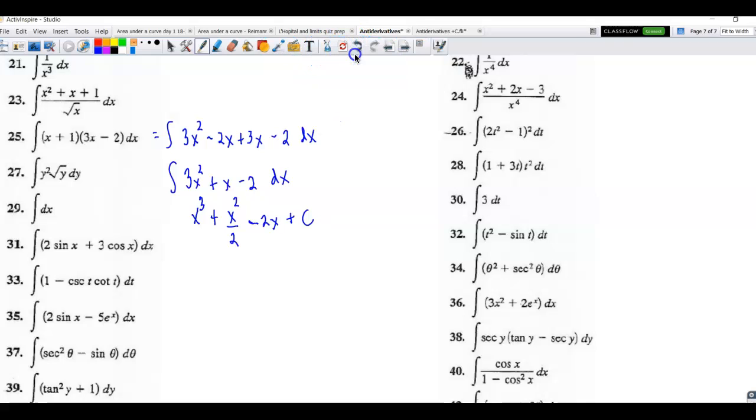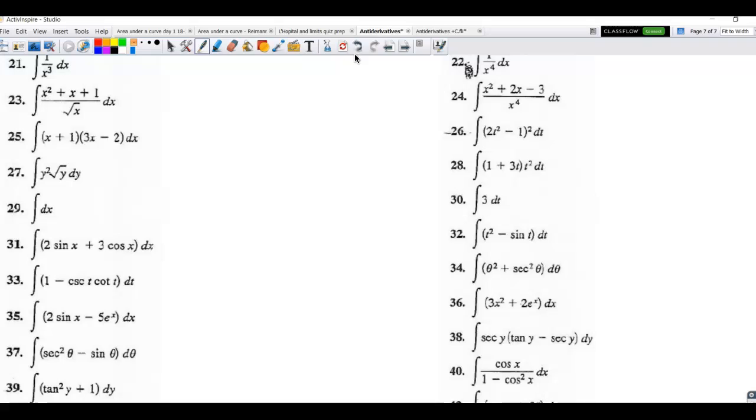In 27, we do not have a term-by-term situation. We have multiplication. So we're going to do our little algebraic rewrite here. This will be y squared times y to the 1/2 power dy. And so when I keep the base and add the exponents, that'll give me y to the 5/2 power.